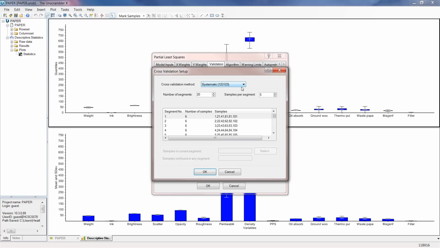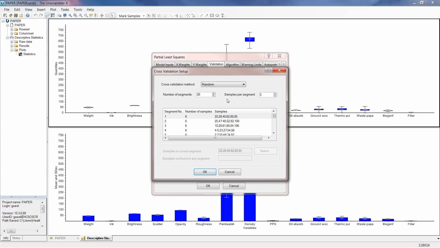So there's a number of different ways you can do cross-validation. There's systematic, where it looks at every third sample, or you can do batch-wise systematic. You can come up with your own custom cross-validation if you want to, full and random.